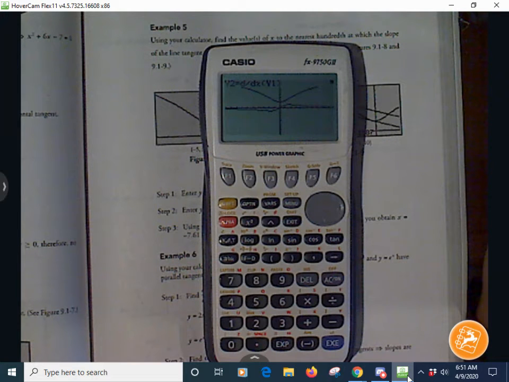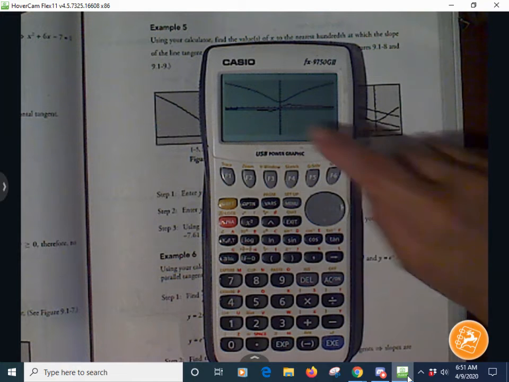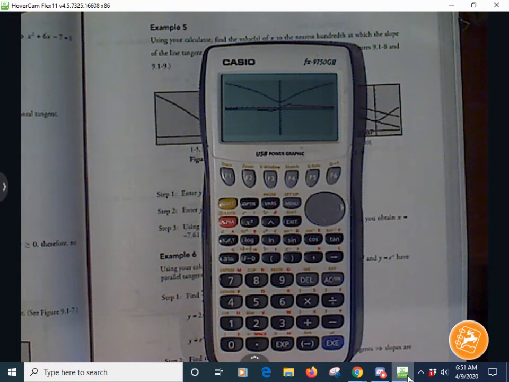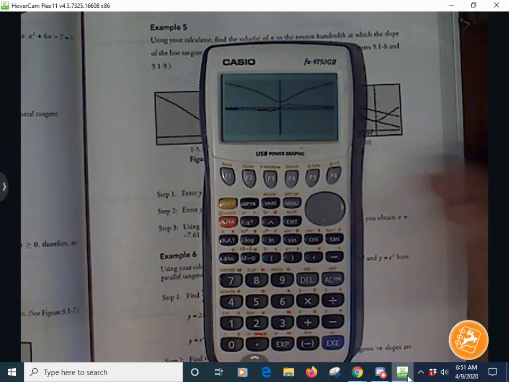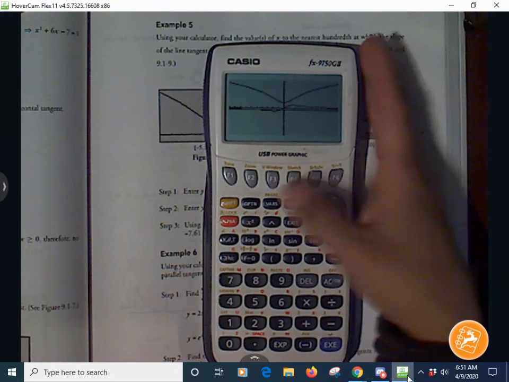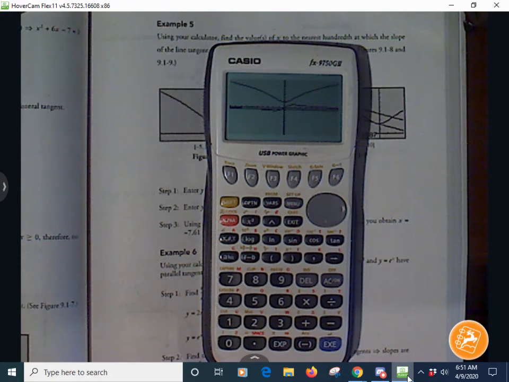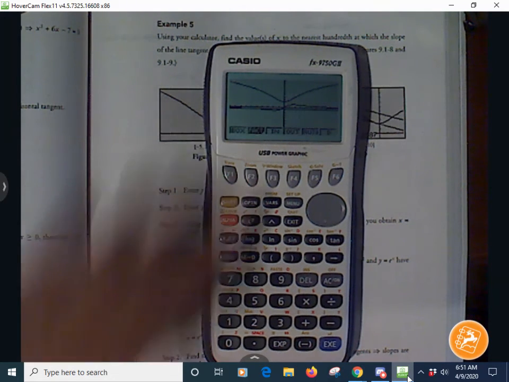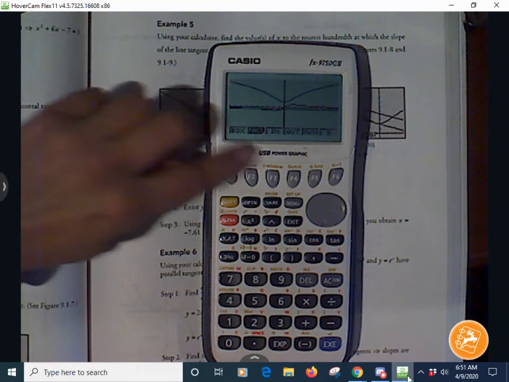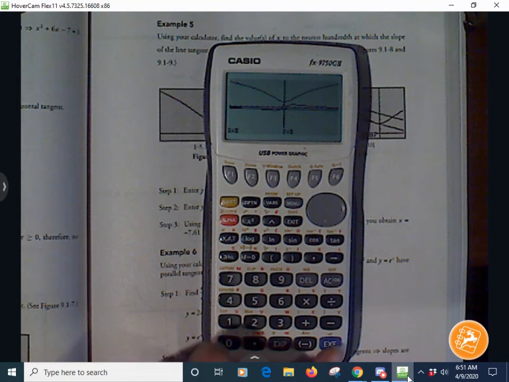That's the second equation. It's really hard to see, so let me zoom in a little bit. Zoom in. Enter.